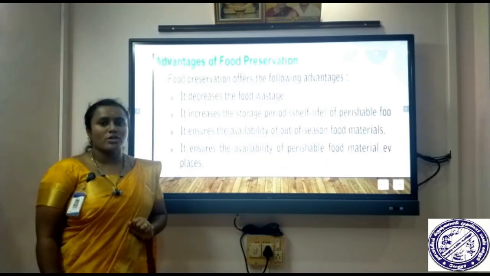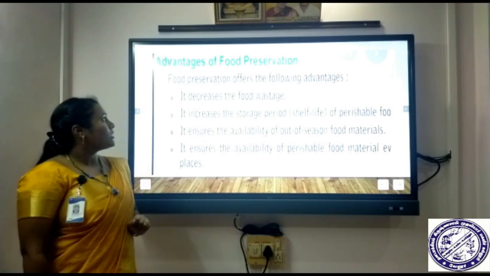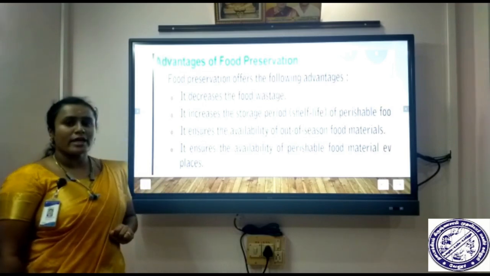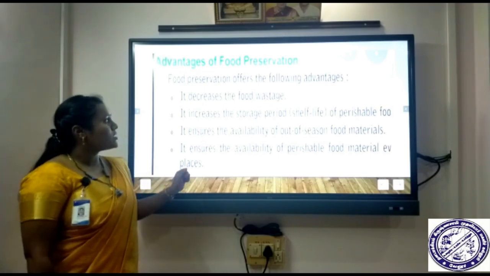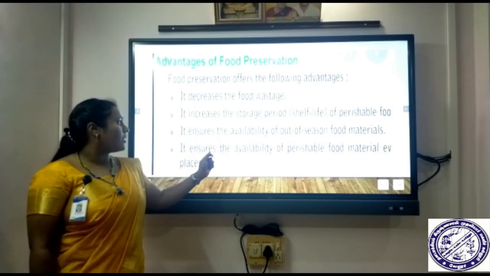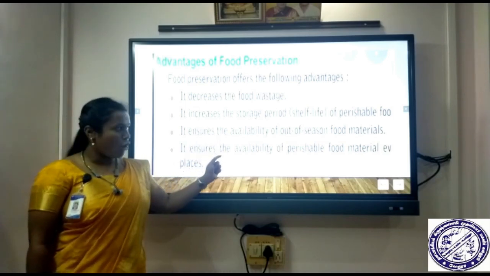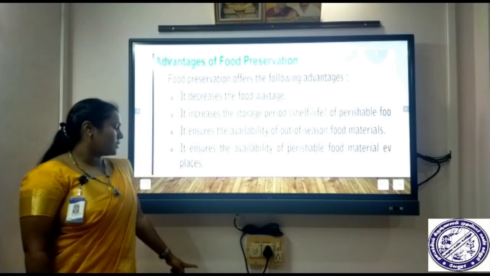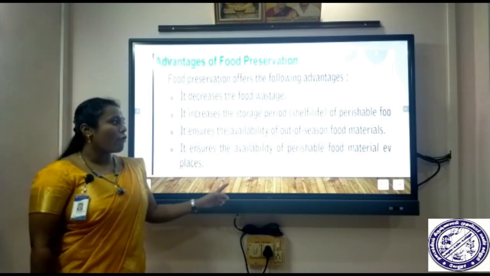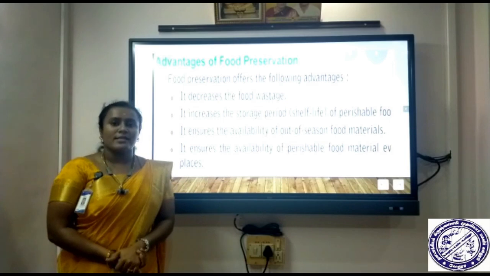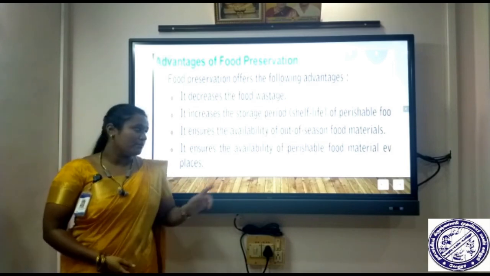Next one is advantages of food preservation. The main advantage is decreasing food wastage. Next, it increases the storage period, ensures the availability of out of season and perishable food materials in the several seasons.